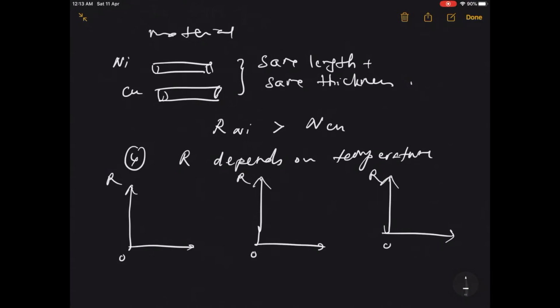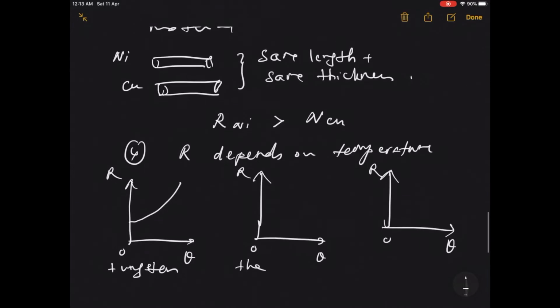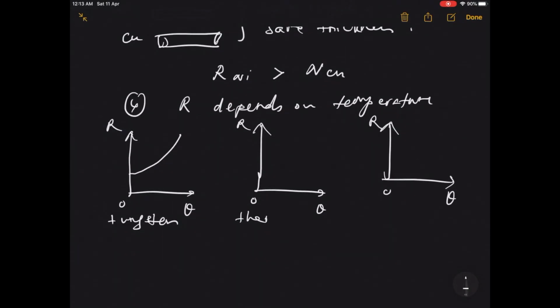For a normal conductor, let's say tungsten, this is temperature. Resistance will go up. This is tungsten, okay? Whereas for a thermistor, a type of semiconductor material, resistance will go down.